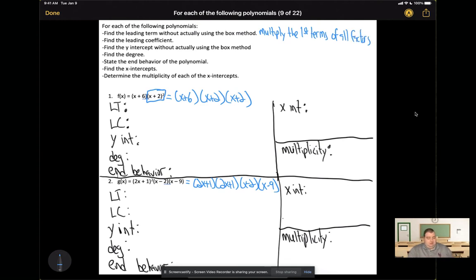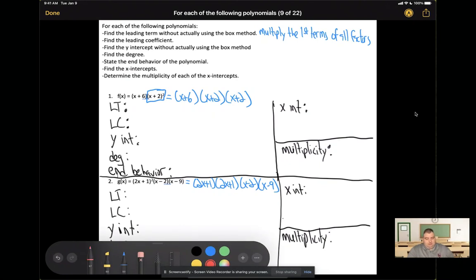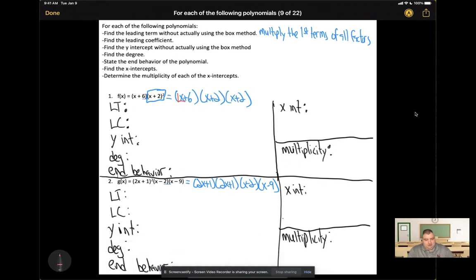In number 1's case, the first term is going to be x times x times x. X times x times x is x cubed. That is the leading term.